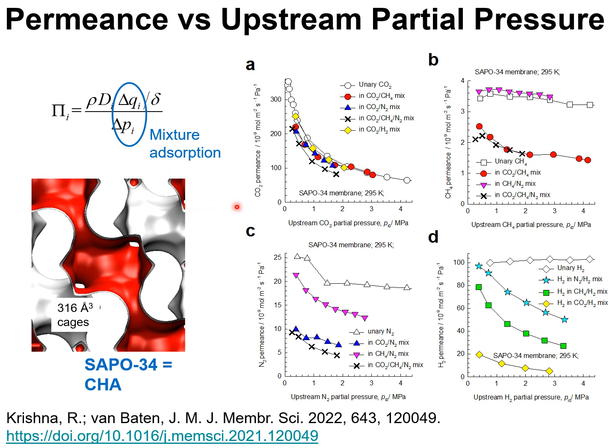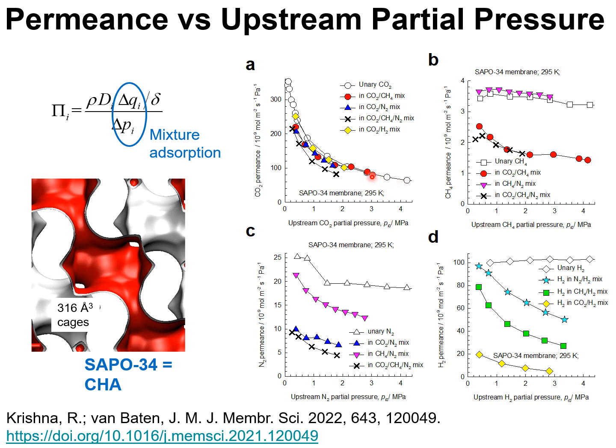Let's examine the experimental data in some more detail. The unary permeances of each of the components are shown by the open symbols, open circles are for CO2 unary permeance. In the mixture of CO2 with methane, the permeance is the same as for the unary permeance.